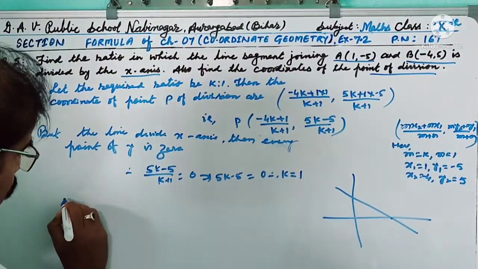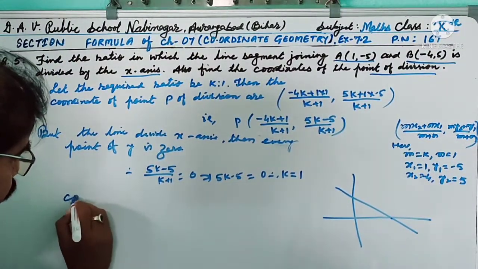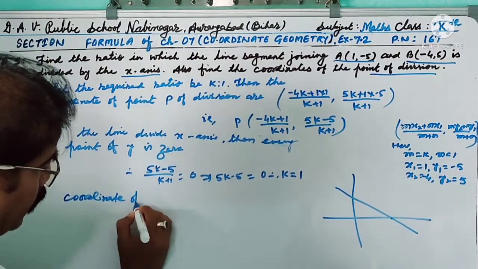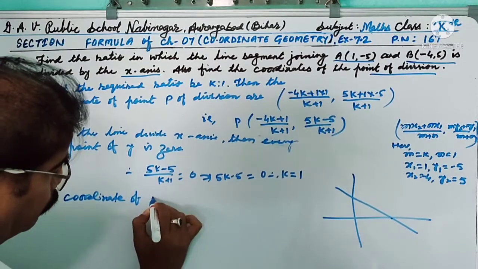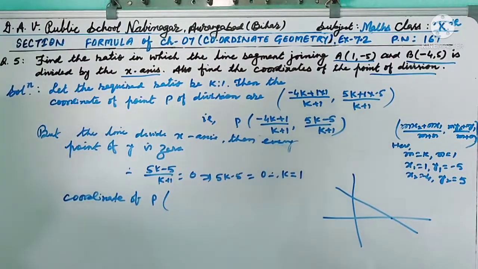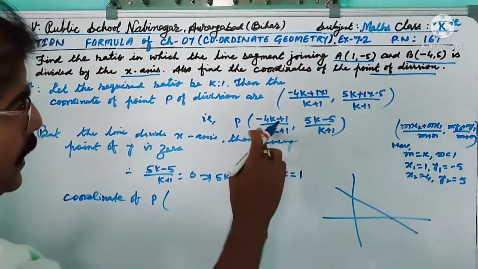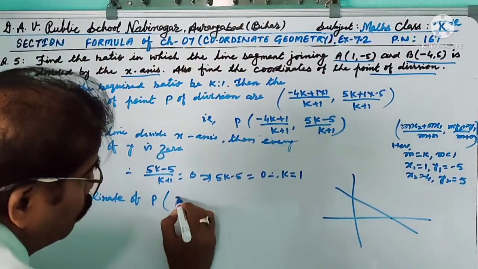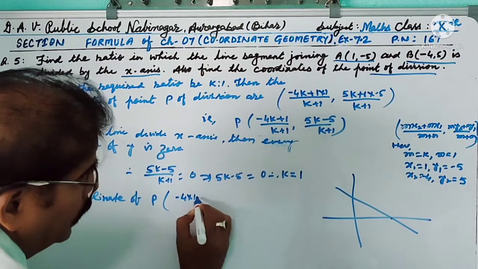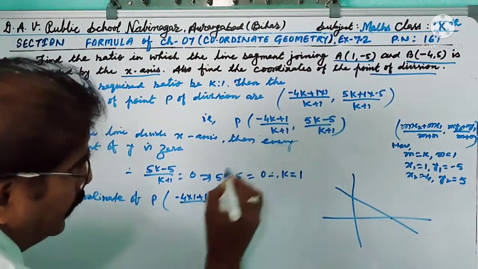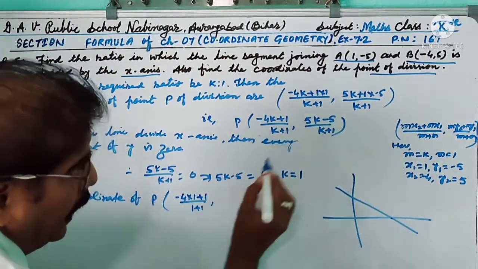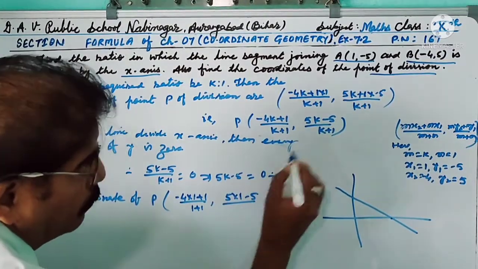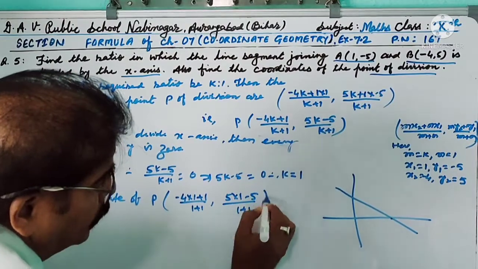So the coordinates of P are: putting k equal to 1, minus 4 into 1 plus 1 by 1 plus 1, and 5 into 1 minus 5 by 1 plus 1.